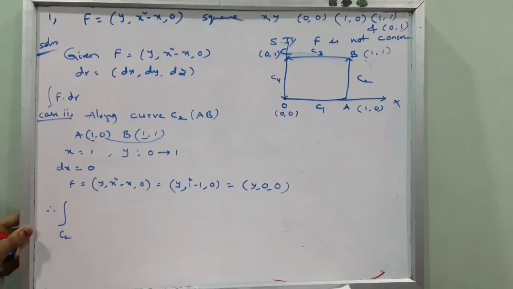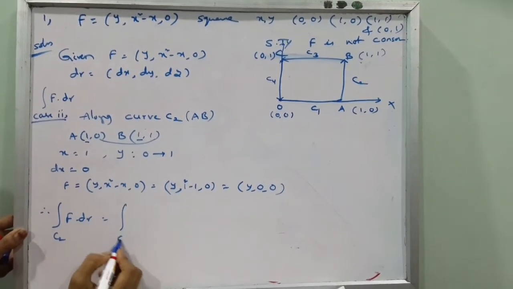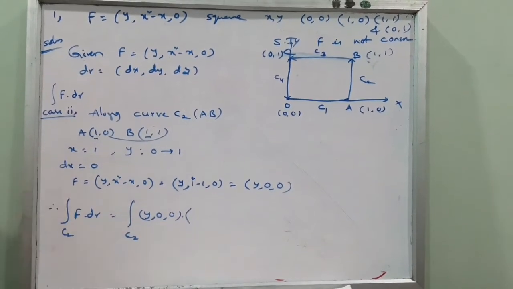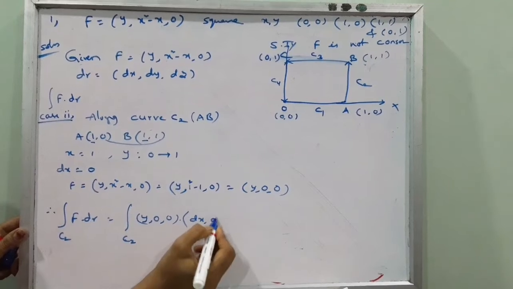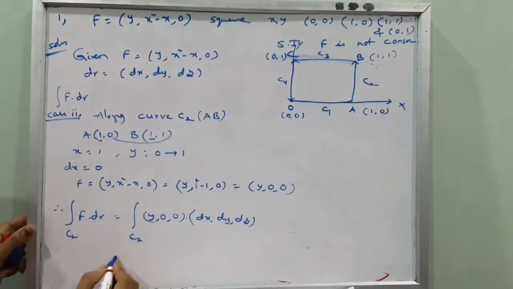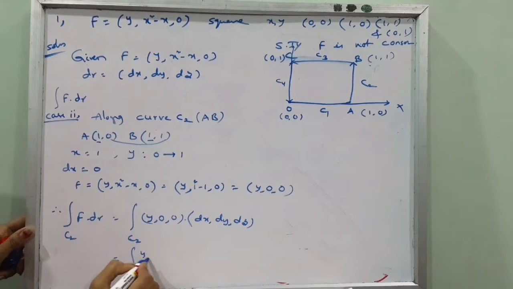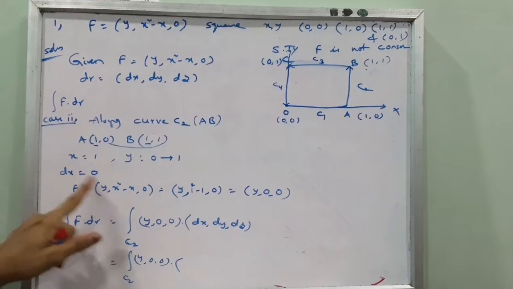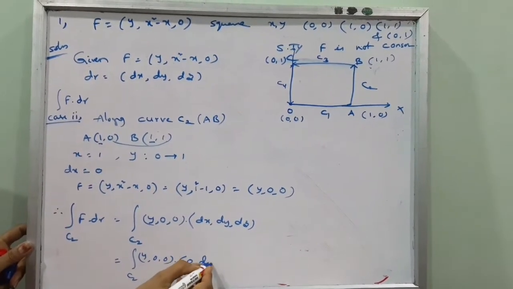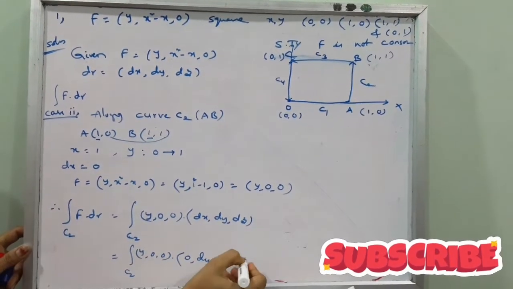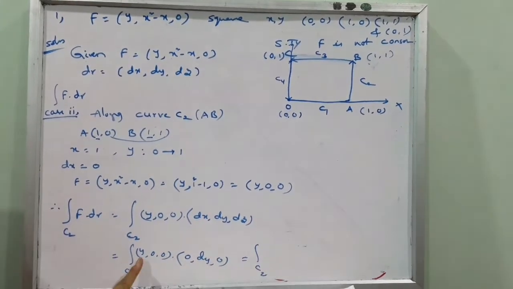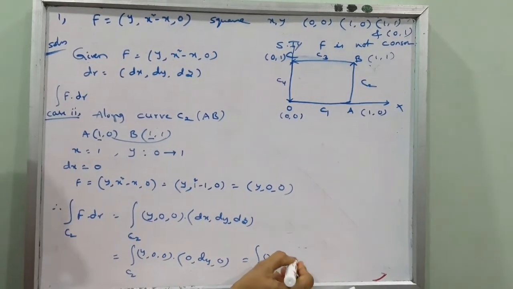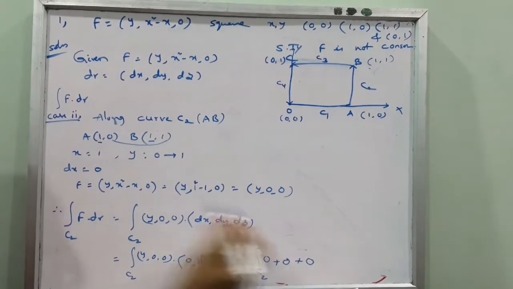Now the integral along curve C2 of F dot dr equals the integral of (y, 0, 0) dot (dx, dy, dz), where dx is 0 and dz is 0, which gives y·0 + 0·dy + 0·0 = 0.